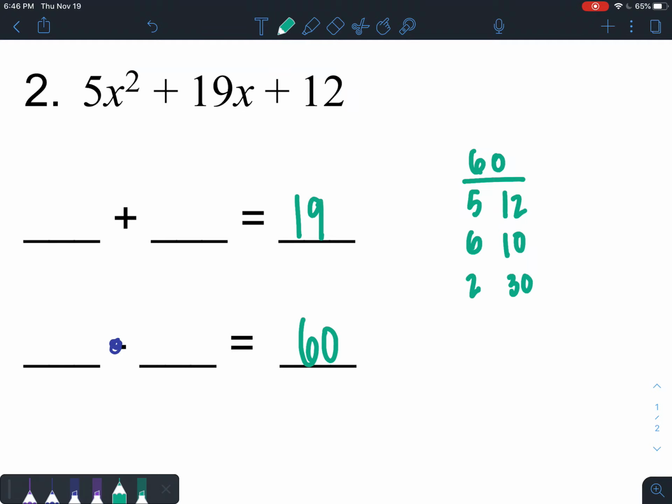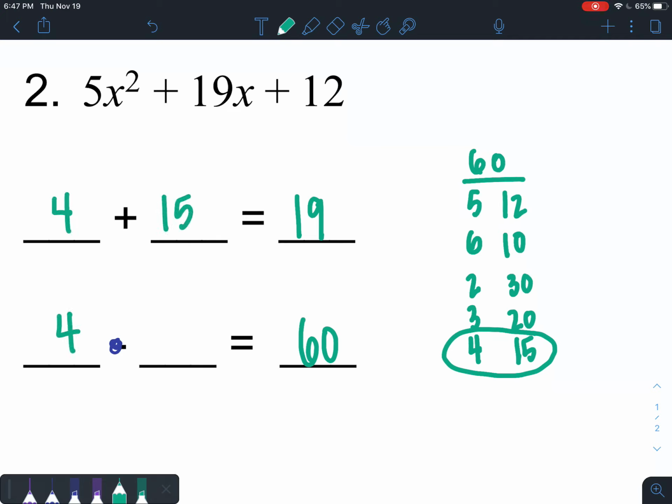That's not going to work. Do 3 and 20. That's maybe closer. We can do 4 and 15. Finally, we've hit the jackpot. You may have thought of it faster than I did. So 4 and 15 are two numbers.